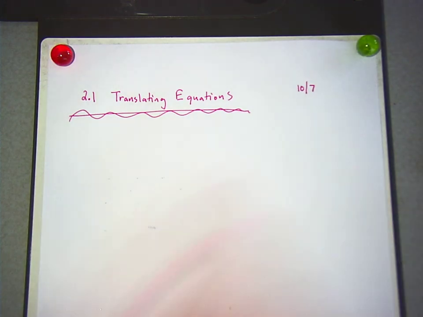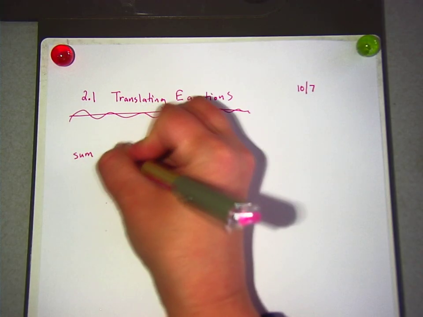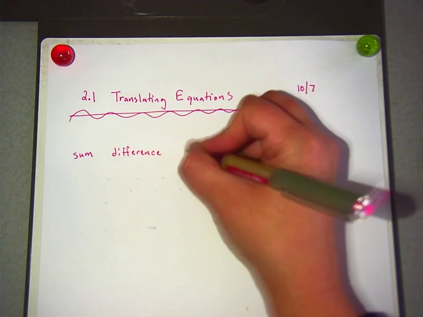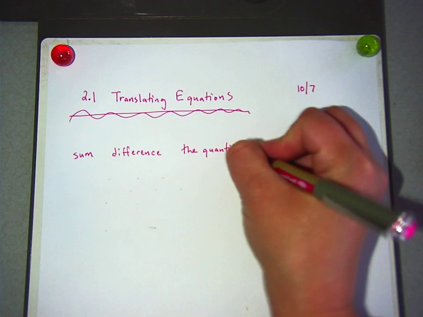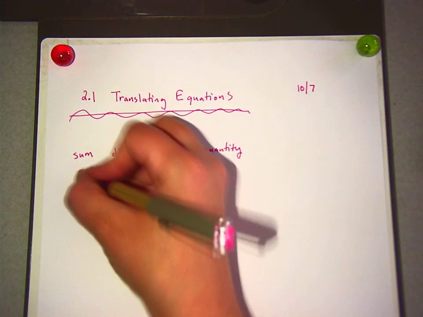So, today you're going to be writing equations, and we're going to be using the same notes as we did before. Big things to remember. If you see the word sum or difference, or the quantity, what do you need to do? Put parentheses around it.